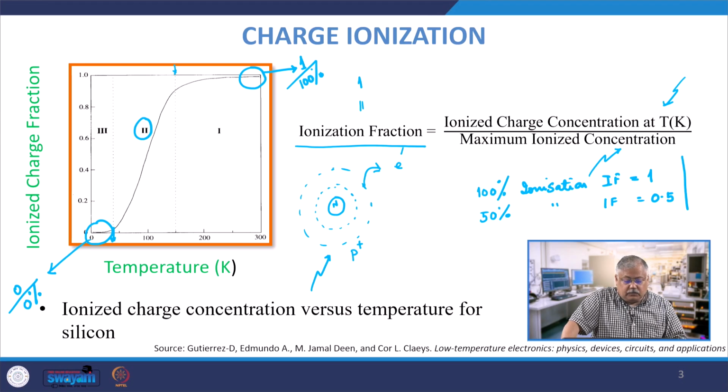However, you might also note from this graph that at T equals 300 Kelvin, though we say the ionization fraction is around 100%, in reality that might not be the case.